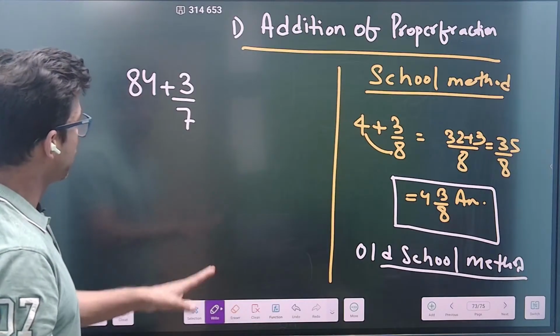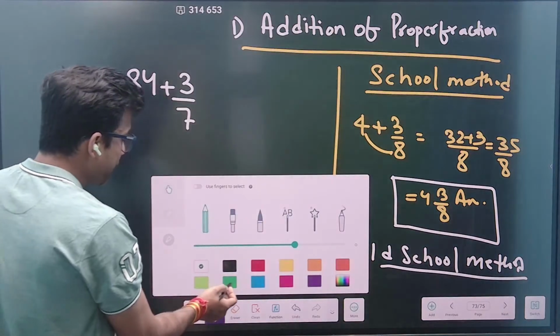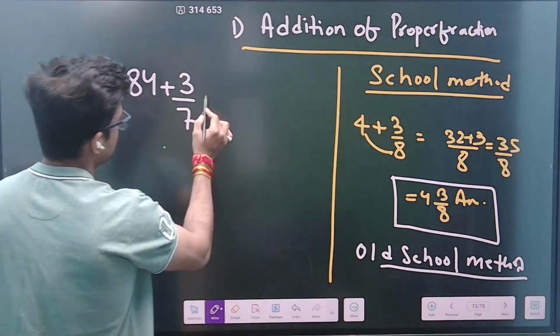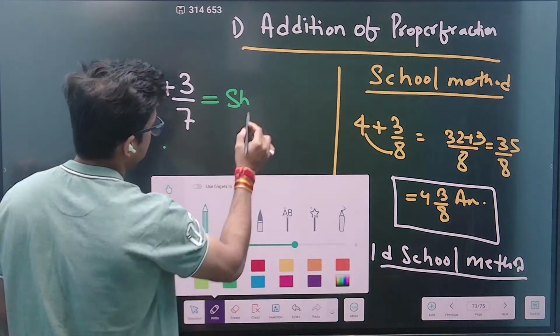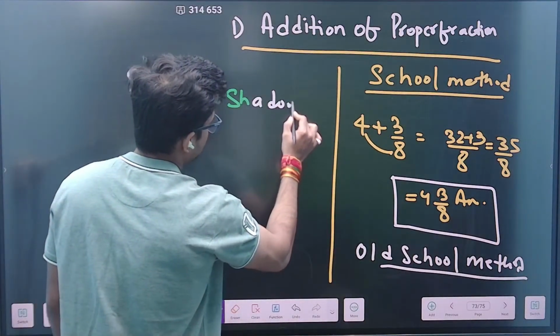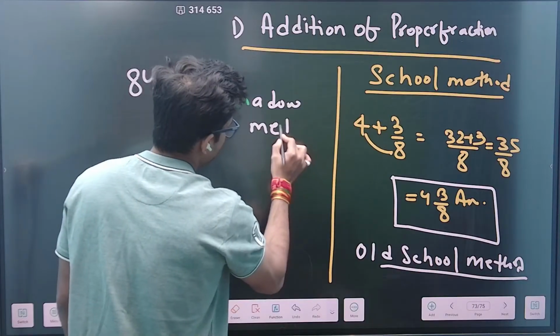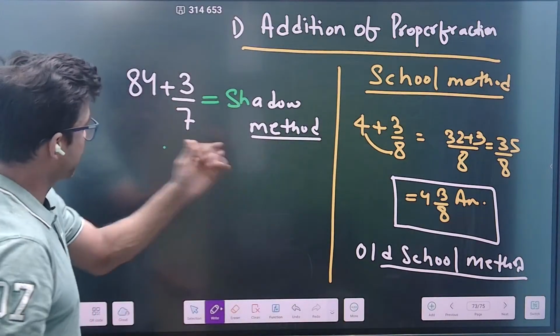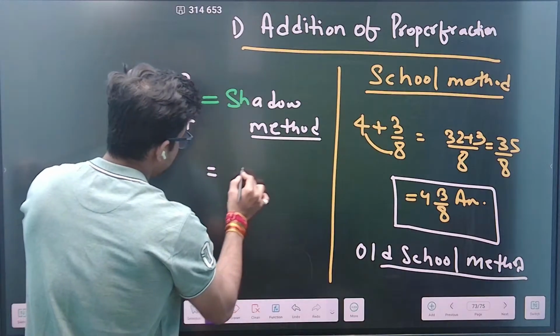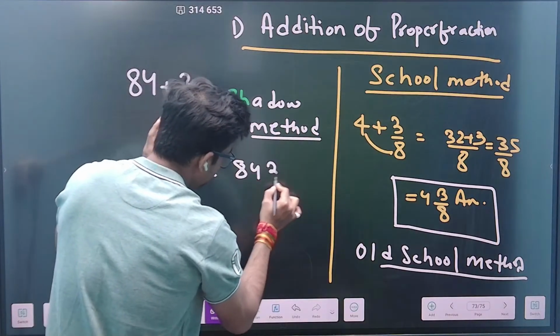Now see what you can do here. You can simply write, this is called a shadow trick. This is called the shadow method. Now if you understand the shadow method, 84 plus 3 by 7 is there. You can just write it down: 84 3 by 7.